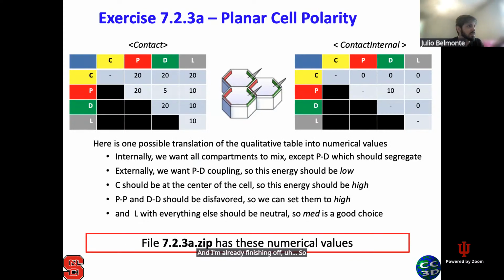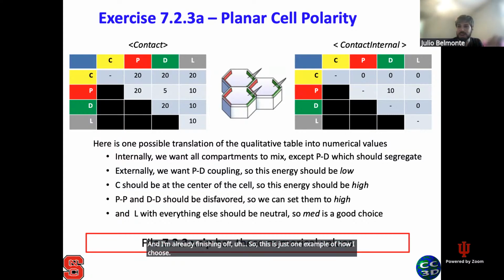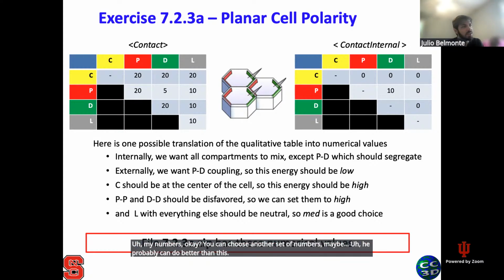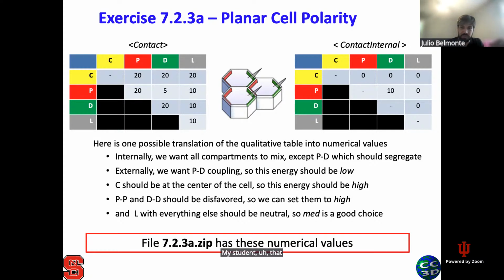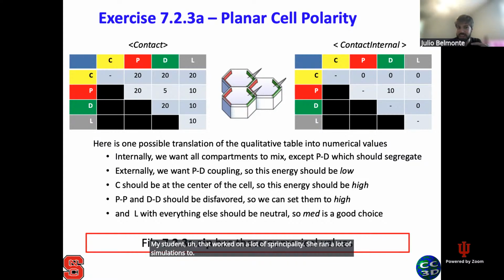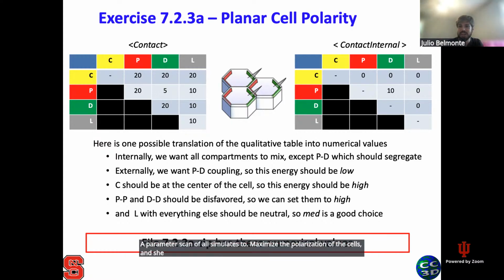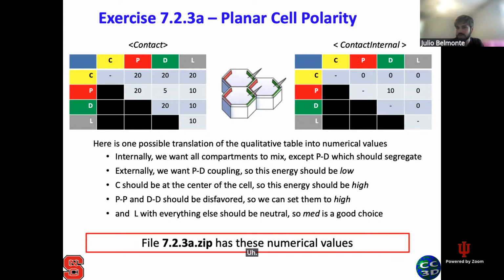And I'm already finishing now. So this is just one example of how I choose my numbers. Okay, you can choose another set of numbers. Maybe you probably can do better than this. My student that works on a model of proximal polarity ran a lot of simulations, a parameter scan, to maximize the polarization of the cells, and she came up with different values that are more optimal for this to happen.